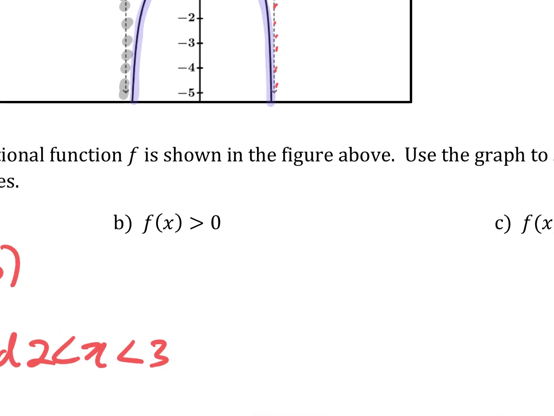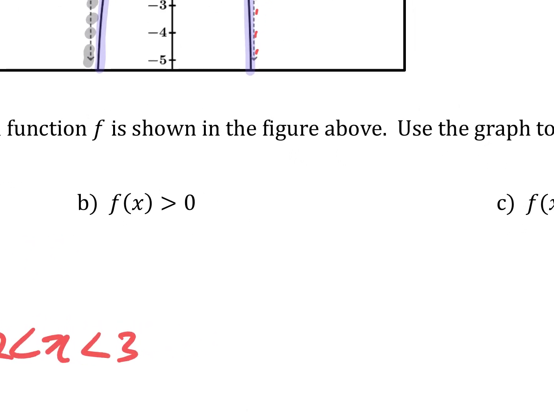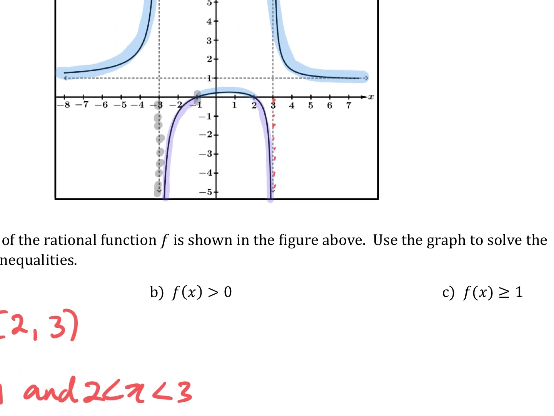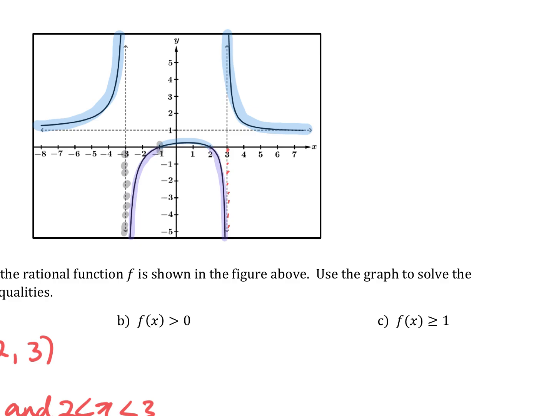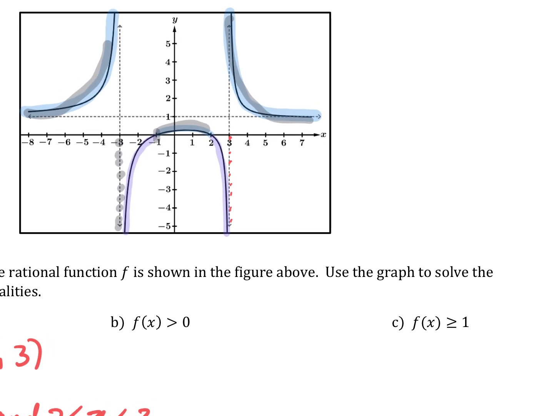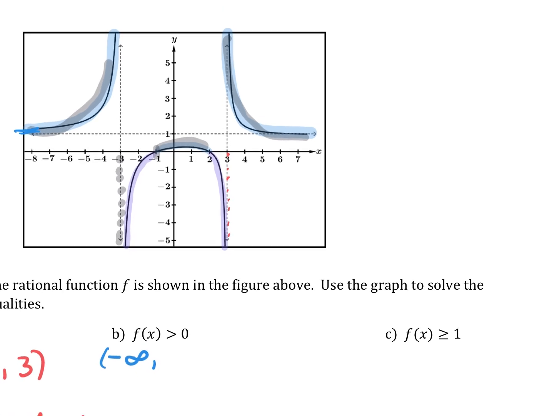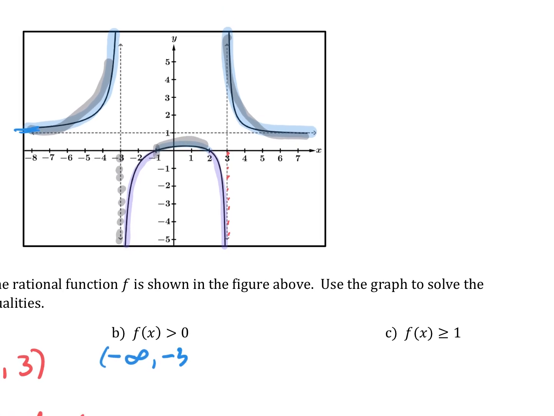Letter B says that f of x should be greater than 0. We know that anything above the x-axis is going to be greater than 0, and there are 3 parts that I can see in here: this one, this small part, and this part. The first one starts from here, negative infinity to the asymptote, which is negative 3.